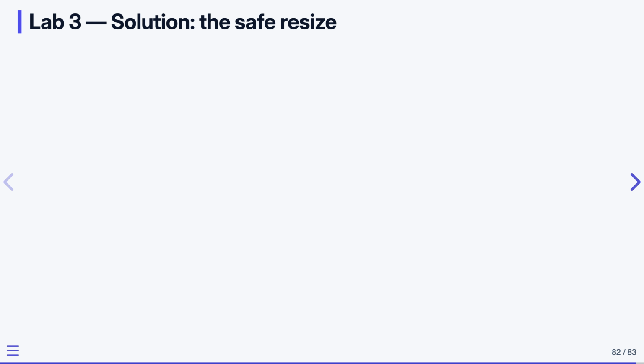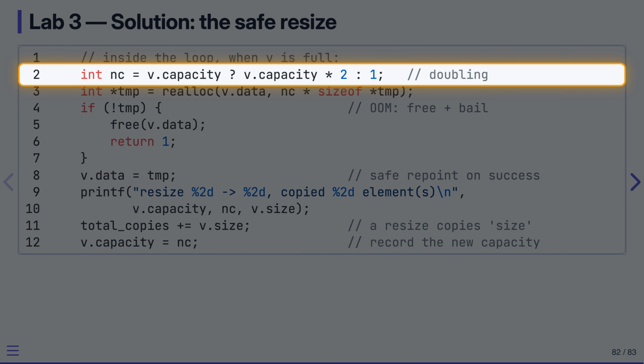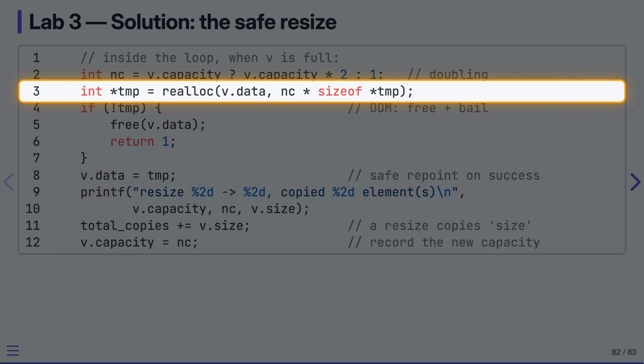Here is the resize done safely. This runs inside the loop when the vector is full. We pick the new capacity by doubling. If the old capacity is 0, we start at 1. We realloc for the new capacity, and we store the answer in a temporary pointer called temp.